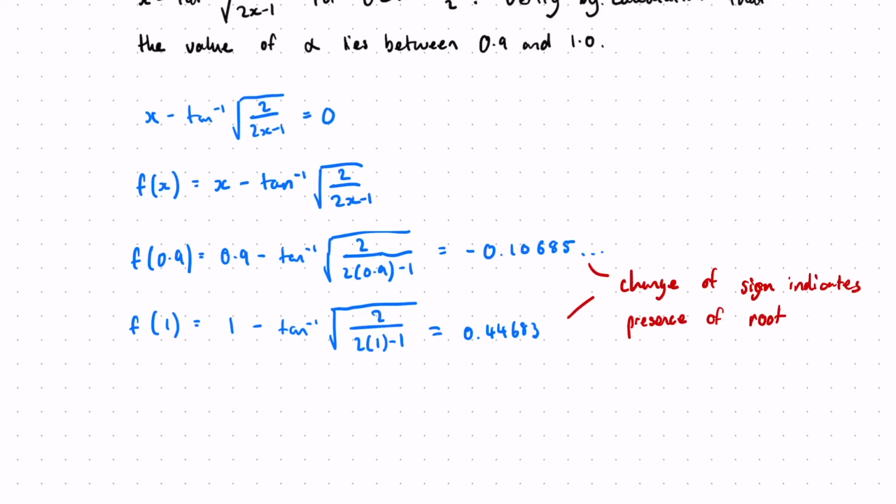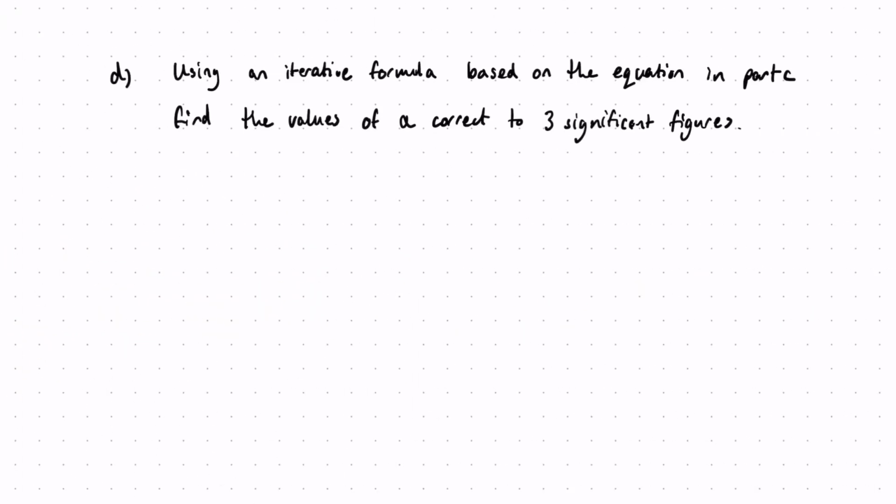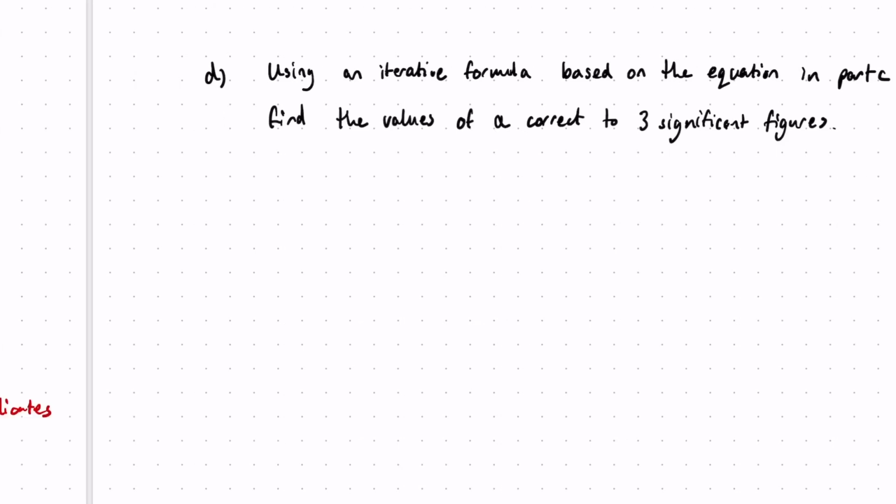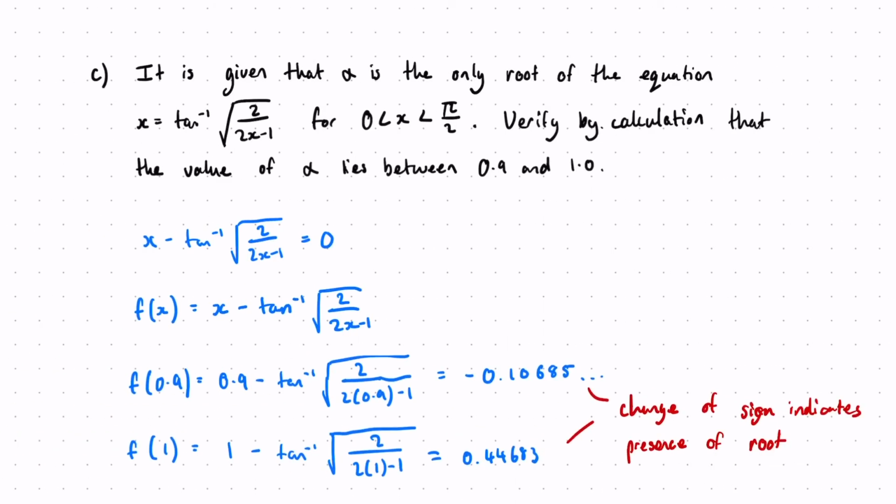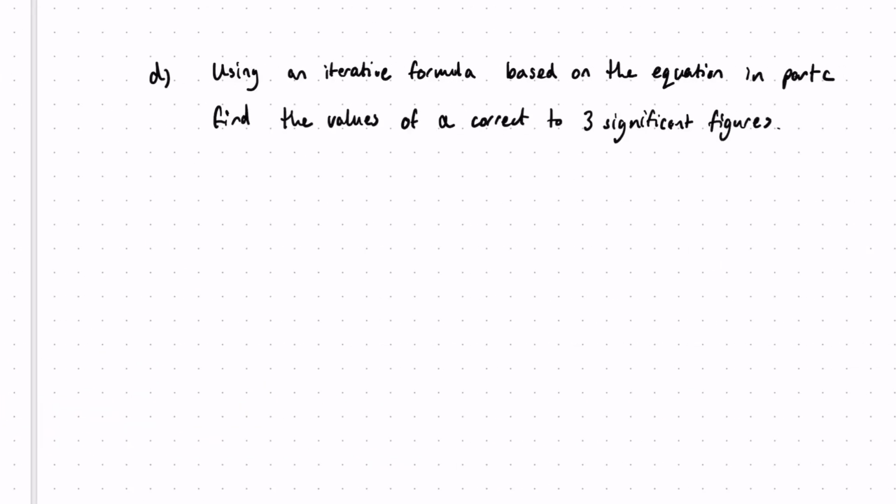Okay, let's have a look at how this follows into part D, which is using an iterative formula based on the equation in part C, find the value of alpha correct to 3 significant figures. Well, we know alpha is between 0.9 and 1, and we have the equation x equals the inverse tan.